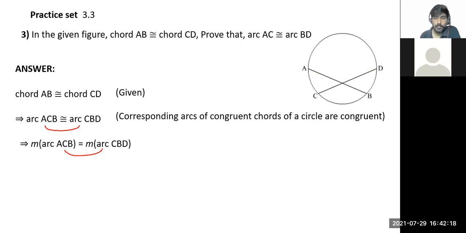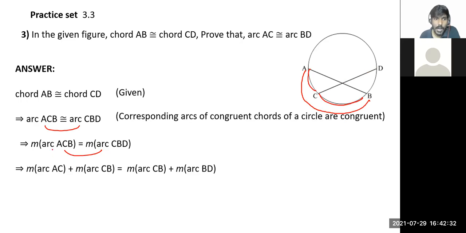Now look at arc ACB. Arc ACB is arc AC plus CB. So we will replace it with arc AC plus CB.